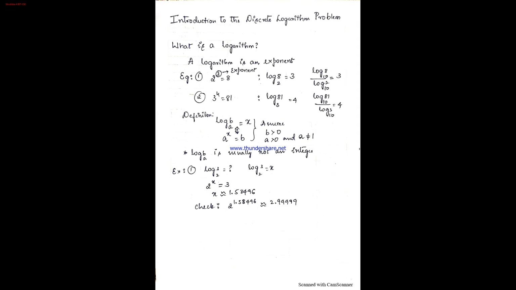So you can just see log 3 to base 2 is equal to x. We should find the power x such that 2 raised to x gives 3. Approximately x is equal to 1.58496, so that you will get 3. So here comes the concept of logarithm.